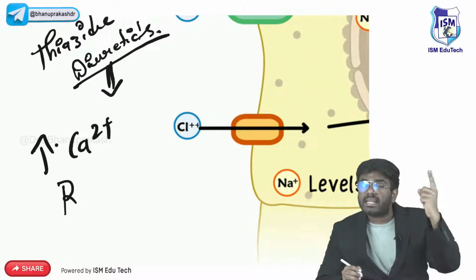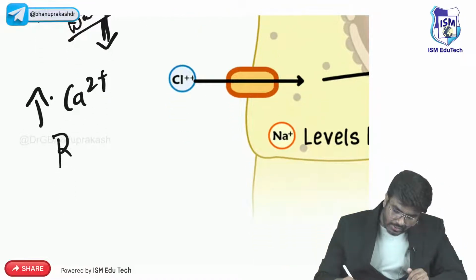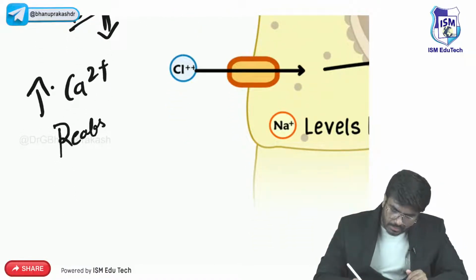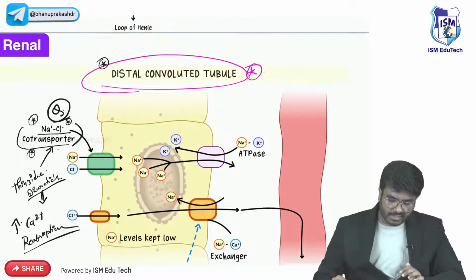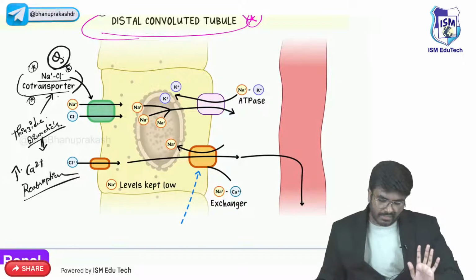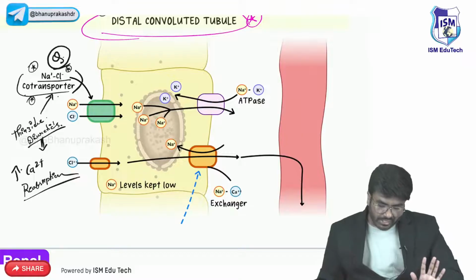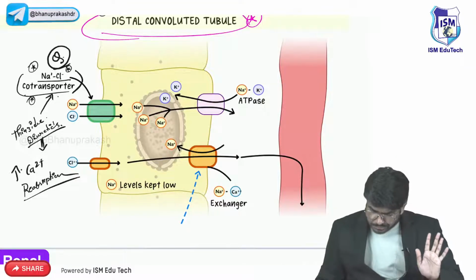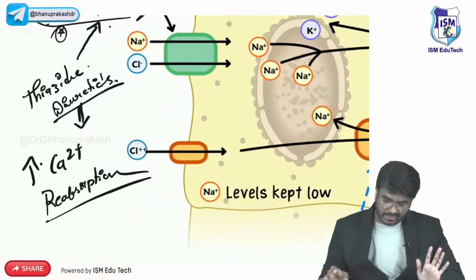Loop diuretics increase calcium excretion, but thiazide diuretics increase calcium reabsorption. Okay, these are the points I want you to know regarding the transporter. The sodium chloride co-transporter is present on the distal convoluted tubule, and it is blocked by thiazide diuretics, which increase calcium reabsorption.